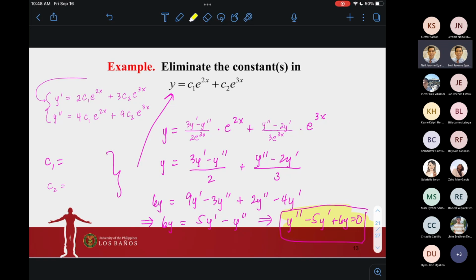So before we proceed, any questions? Can you do homework like this? It's okay, Victor, to isolate y double prime. You could have written as final answer, y double prime equals 5y prime minus 6y.